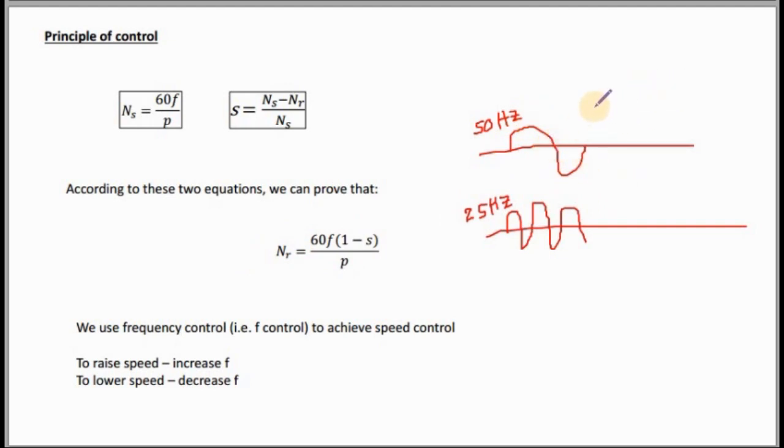Let's say the motor is operating at 1400 RPM, and if you need to reduce it by 700 RPM, you have to reduce the frequency by 25 Hz, and you can run the motor at 700 RPM.